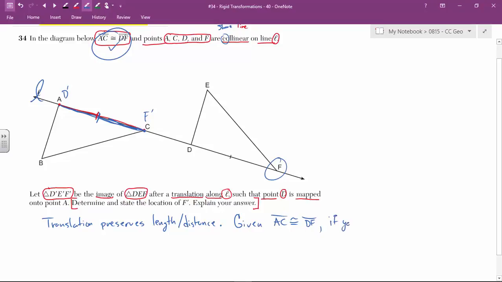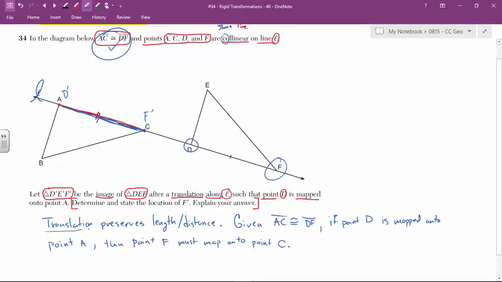If point D is mapped onto point A, then point F must map onto point C. And I think that's sufficient.